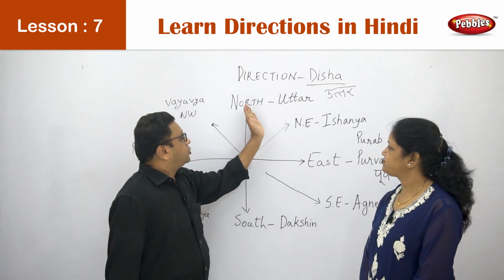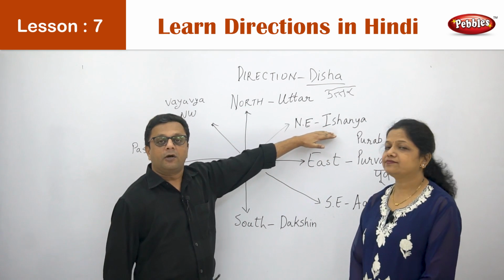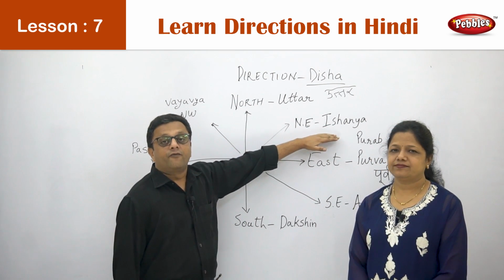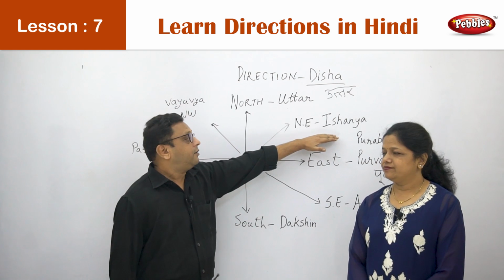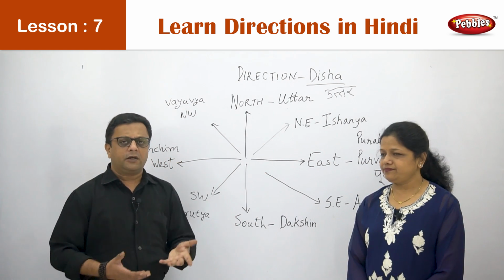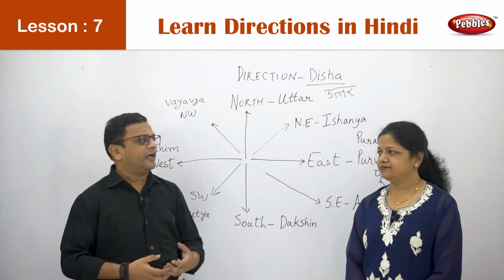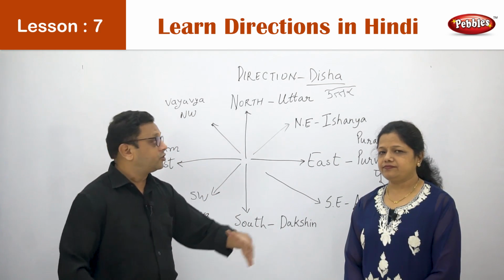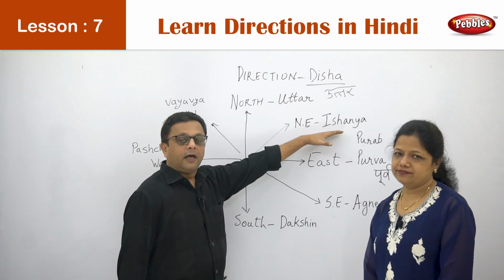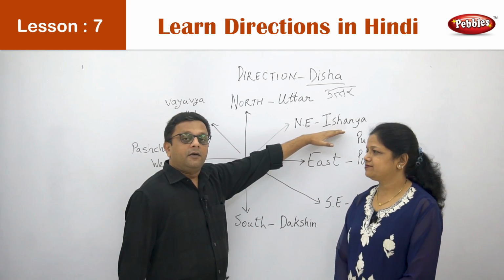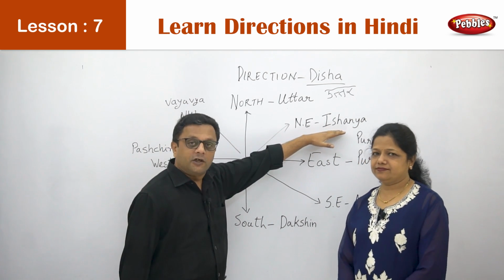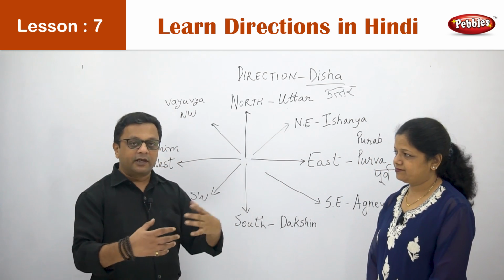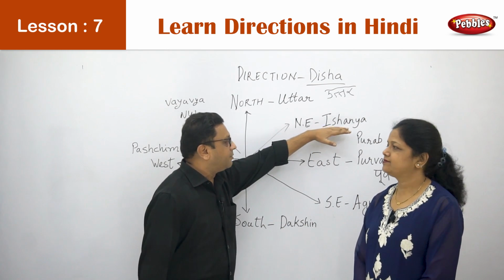This northeast is always called the side of God, Ishanya, and your statues of God, or even if you're Christian or of any religion, we suggest you keep your God statues or books on this side. This is also the side of water. Whatever water you have in your house should be kept there.